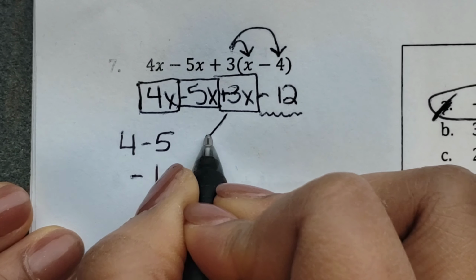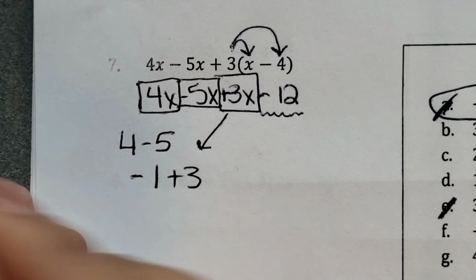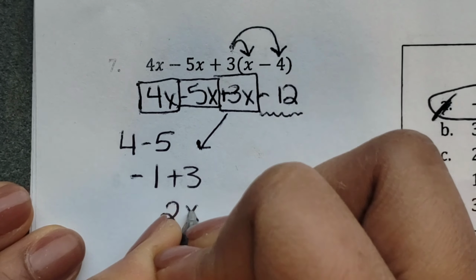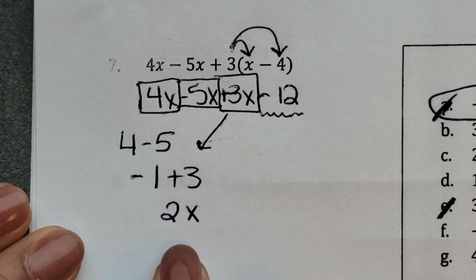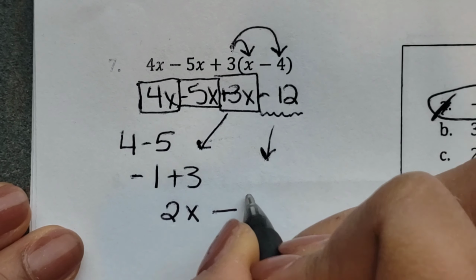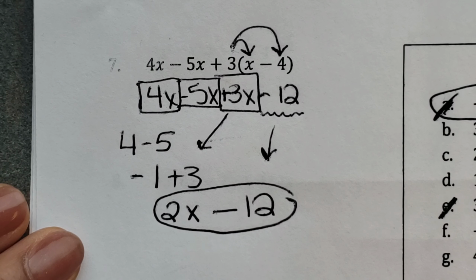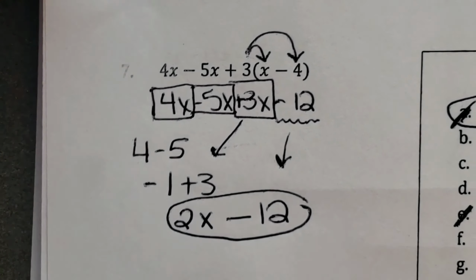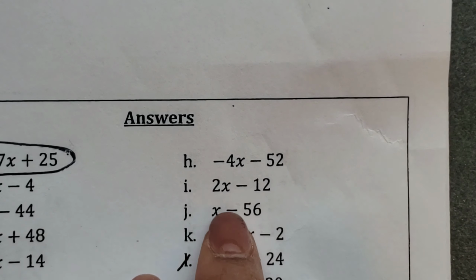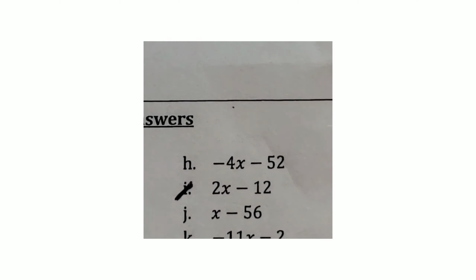Then I'm bringing that down, plus 3, which is going to give us a positive 2x, because all those are x. Then I'm just going to drop down my minus 12. 2x minus 12 is my final answer. And as we look over, we can see our answer, 2x minus 12.